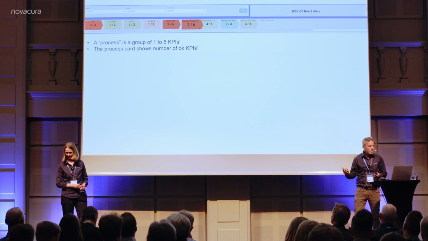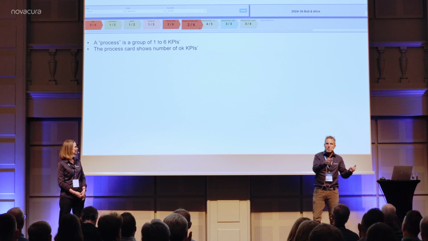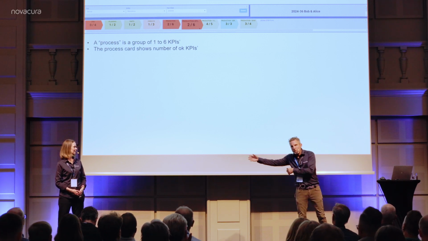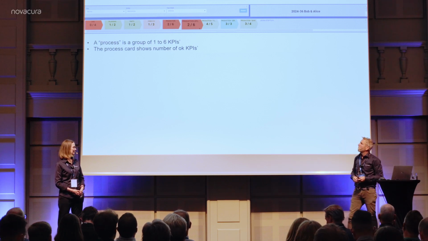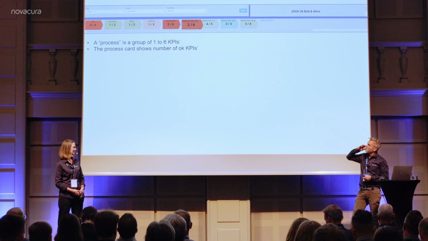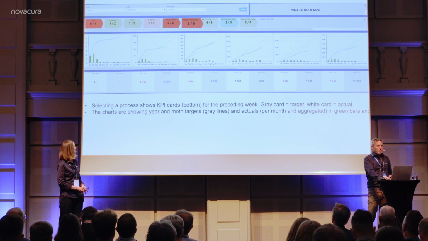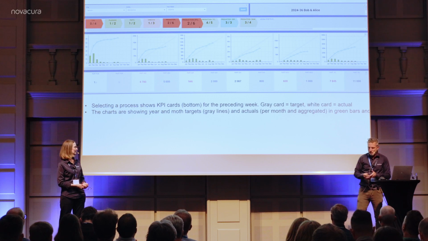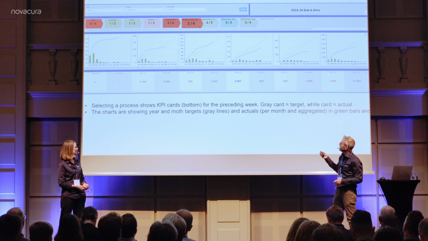What they asked for is they wanted to group their KPIs into processes. It goes typically from pre-sales to sales and services, whatever the product's life cycle or what have you, depending on what department you are. They have different boards for different departments. So in this example, they are in the process of production upsales, I think it is.